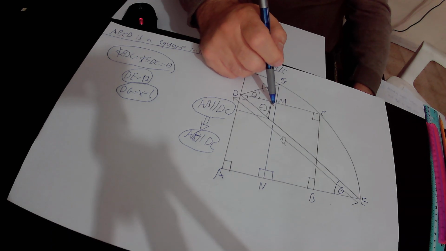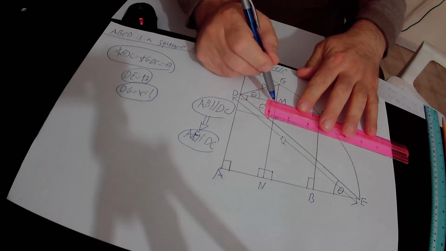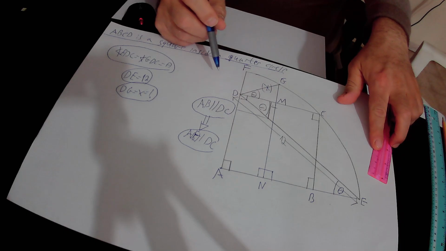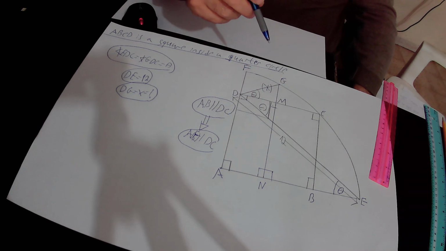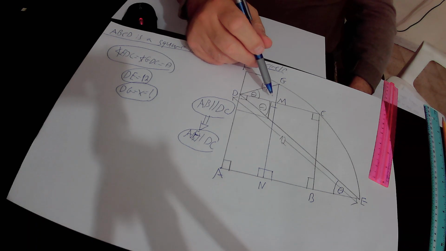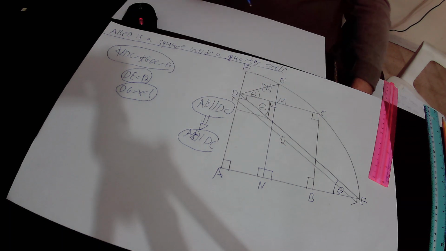Therefore, this missing fourth angle must be equal to 90 degrees in its size. So inside quadrilateral DMNA we have 4 right angles, and any quadrilateral that has 4 right angles must be at least a rectangle, if not a square.